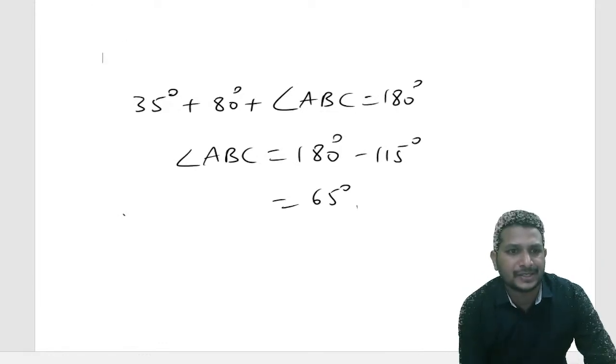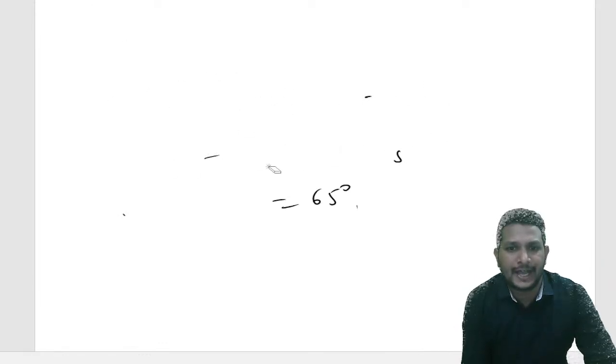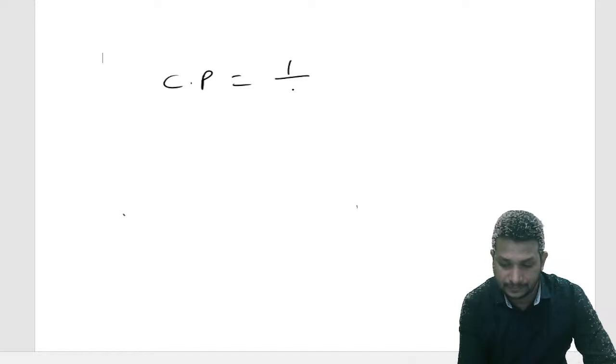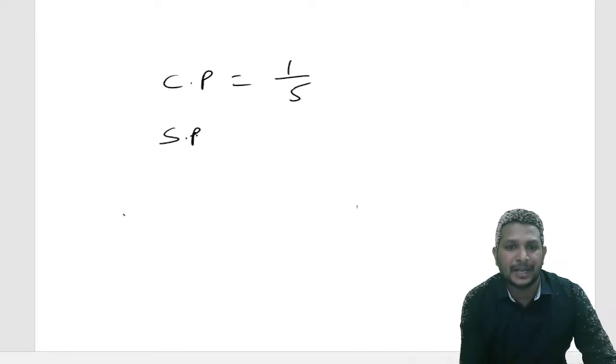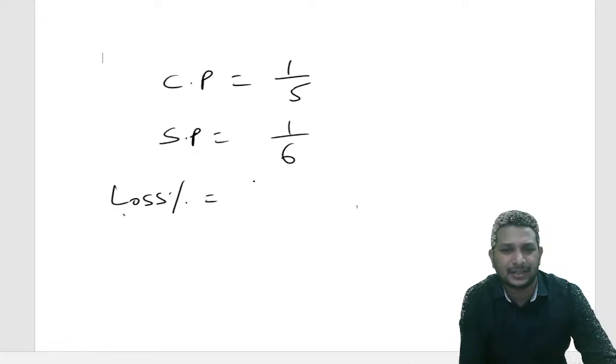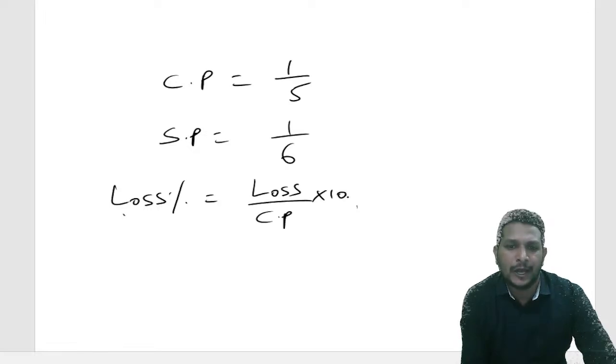So the cost price of that particular clip, we got it as 1 by 5 rupee, and selling price we got it as 1 by 6. So loss percentage equals loss by CP into 100.